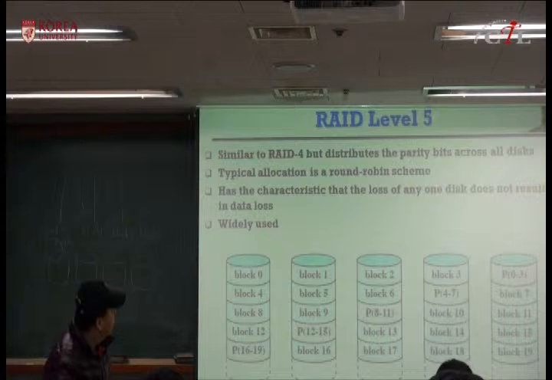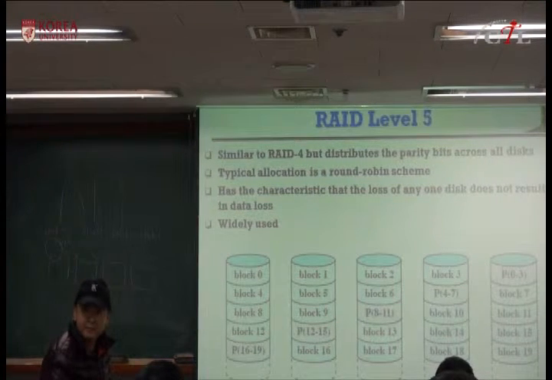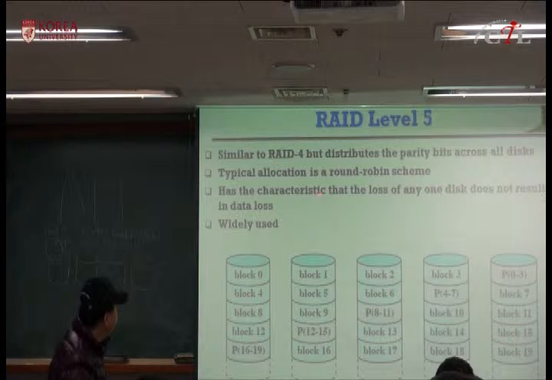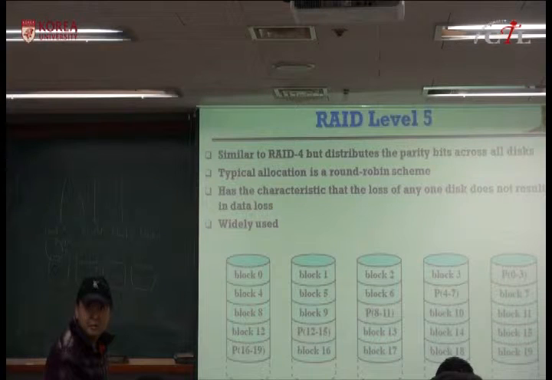Okay? Level 5 is exactly the same, but you distribute this parity across the disks. Then you can allocate it in a round robin scheme. If you distribute it this way, then the loss of any one single disk does not result in data loss. So this is more reliable, so it is widely used.